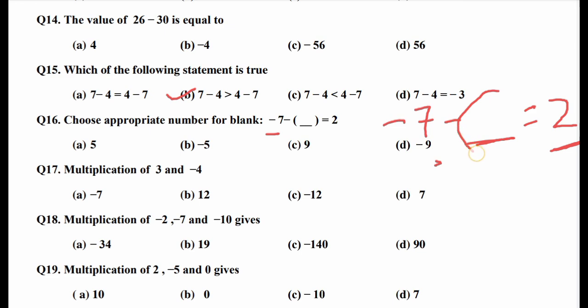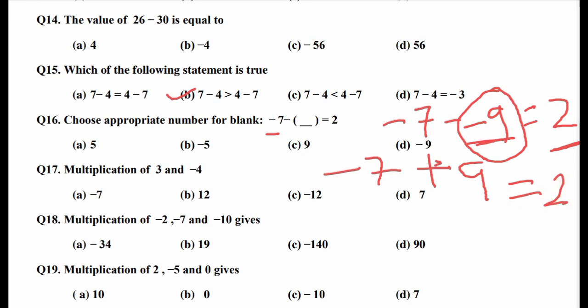So here we have to take again one negative integer and it should be greater, right? So what subtracted from minus 7 is equal to 2? Yes, it could be minus 9. So now this equation becomes minus 7 plus 9 and is equal to 2.